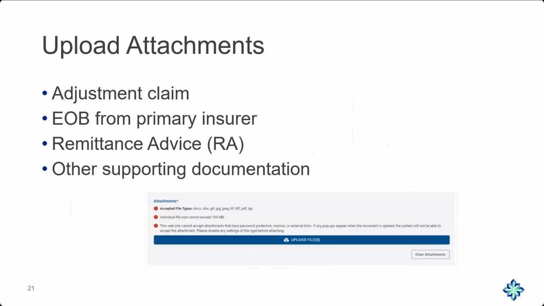This might be an adjustment claim, an explanation of benefits from a primary insurance, a portion of a remittance advice, or any other supporting documentation. The portal is going to prompt you with the file types and the size restrictions for your reference, and so that's what this box says here: accepted file types, individual file size cannot exceed, and so on.